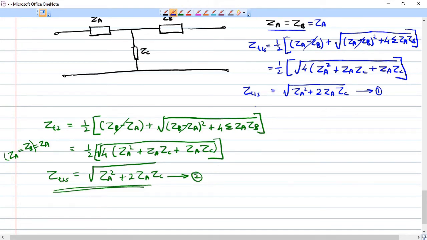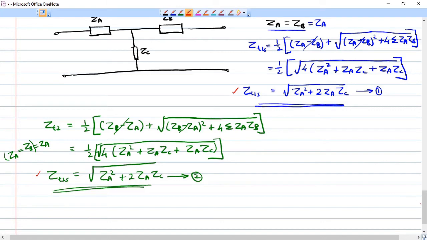So what we see is that when the network becomes symmetrical, the iterative impedances will have the same expression, which is equal to square root of ZA square plus twice of ZA into ZC. So that is the case for ZT2 also. Okay.